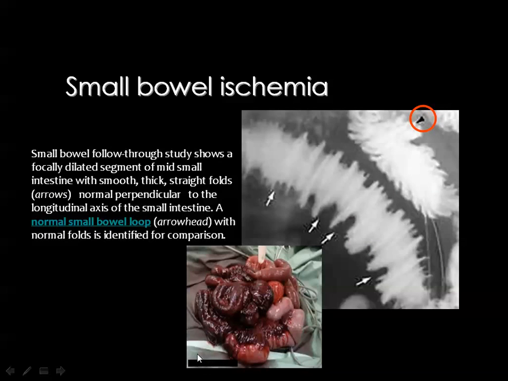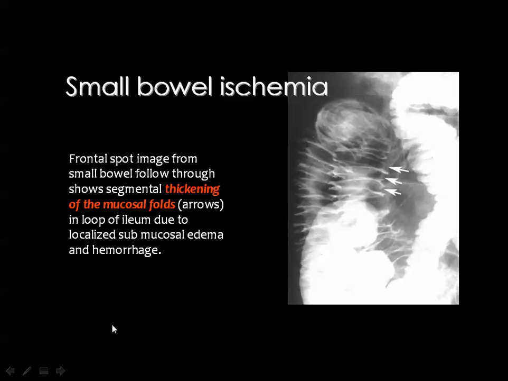The common finding of acute ischemia is the presence of prominent mucosal edema, and you see the marked thickening of the mucosal folds compared to the adjacent bowel loop, which showed normal mucosal fold thickness. This is also a good example of intestinal ischemia, showing considerable increase in the thickness of the mucosa, as you can see here.